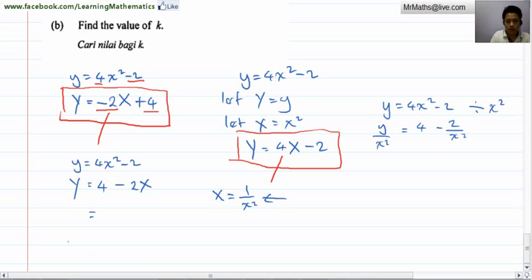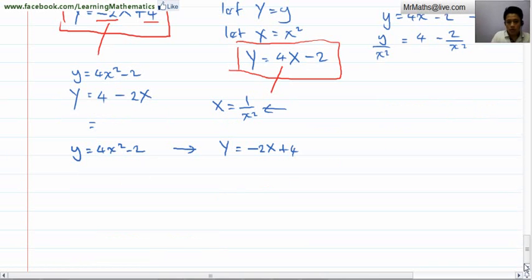Y equals 4x squared minus 2, and transform into Y equals minus 2X plus 4. Let's rearrange: Y equals 4 minus 2X.